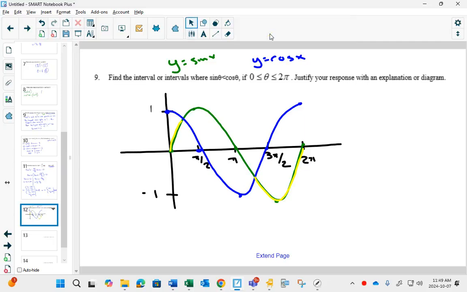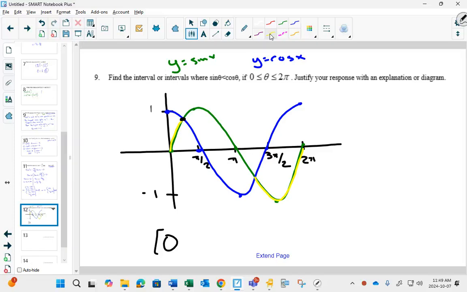So how do we write this first section? Well, this first section started at 0, included 0, because at 0, sine is less than cos. And it goes up to this point right here. That point is on your unit circle. Can you see on the graphs, that's the point where sine x and cos x are exactly the same, because they intersect.